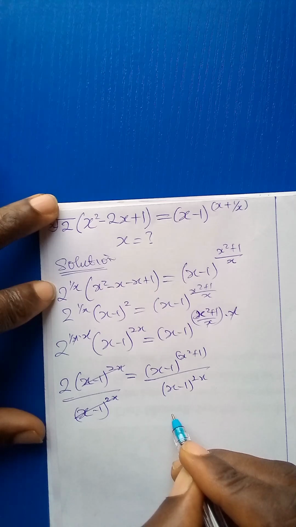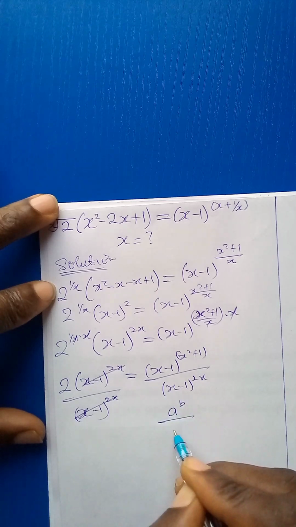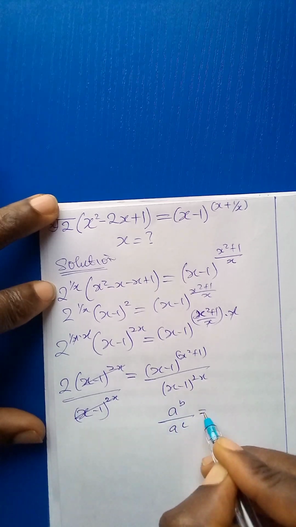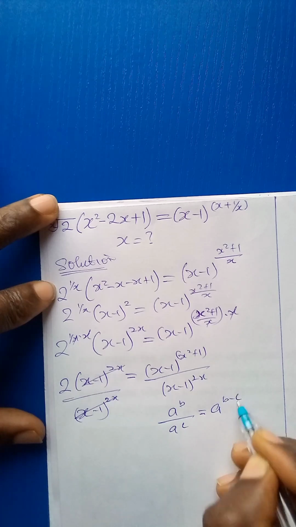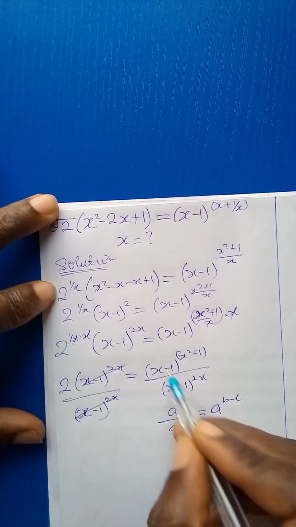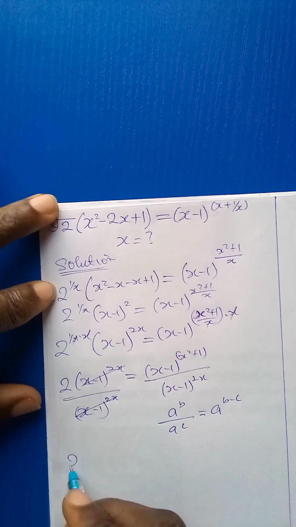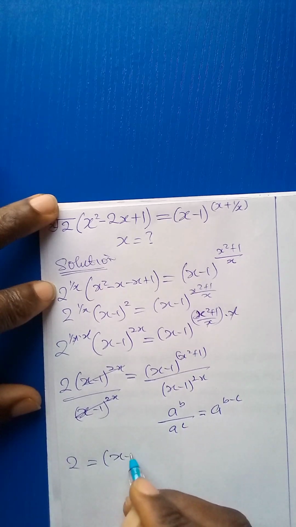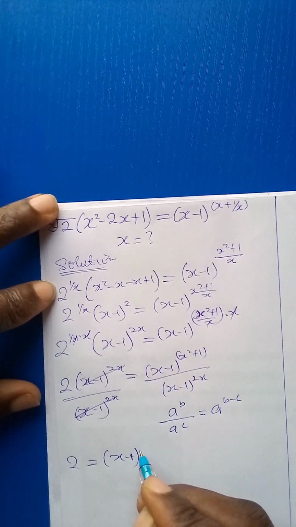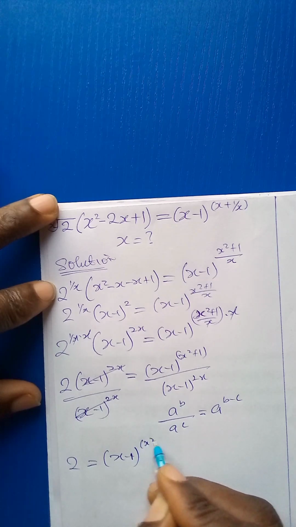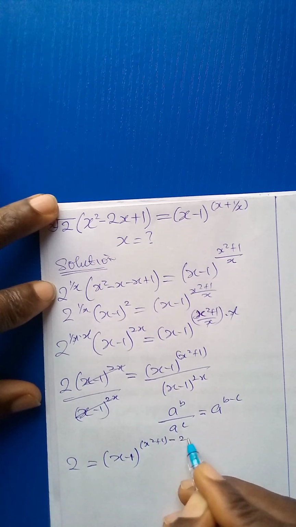That is, if I have a raised to the power b divided by a raised to the power c, it can be written as a raised to the power b minus c. I can apply it because I have the same base and the powers are different. So what I have is 2 is equal to x minus 1 to the power x squared plus 1 minus 2x.